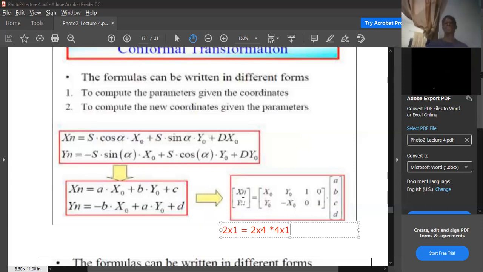Okay, but then you can't solve for this matrix because it's not a square matrix. You can't find the inverse of it. Because to find a, b, c, d, you need to invert this matrix, but it's not possible to invert it. So you need to turn it into a square matrix. The good news is that we can introduce more control.